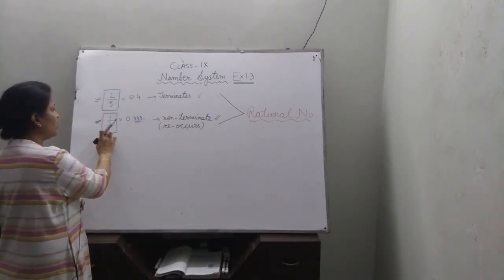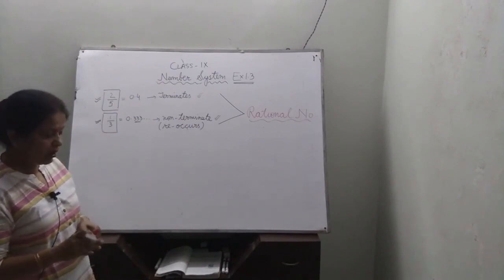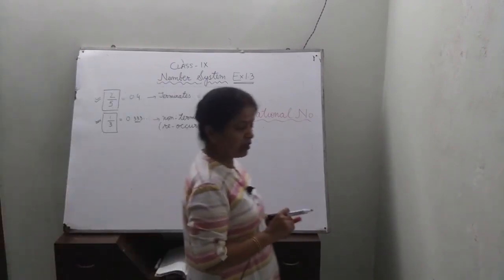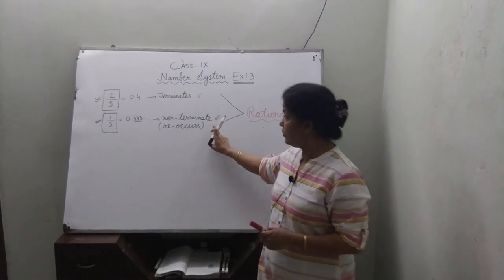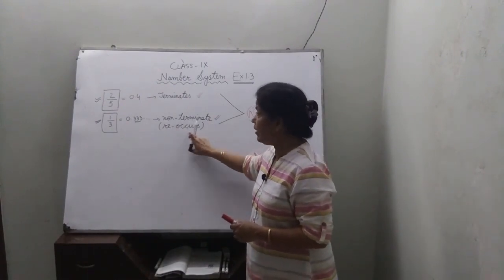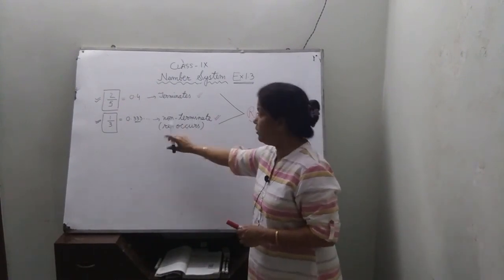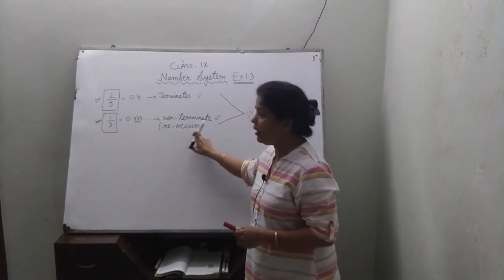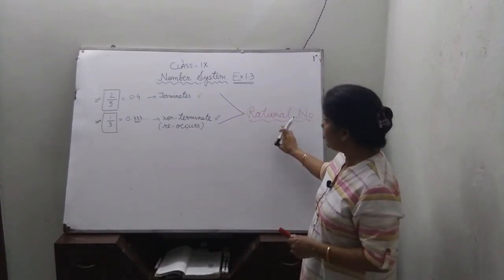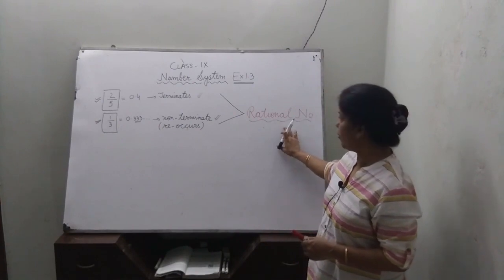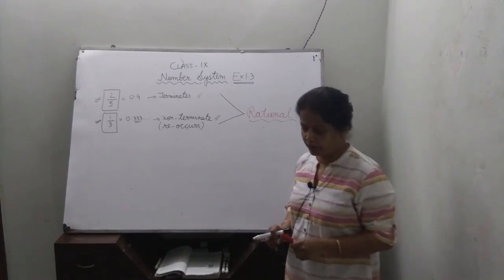And where the remainder does not terminate but reoccurs again and again, the decimal expansion reoccurs again and again, those types of numbers are also called rational numbers.